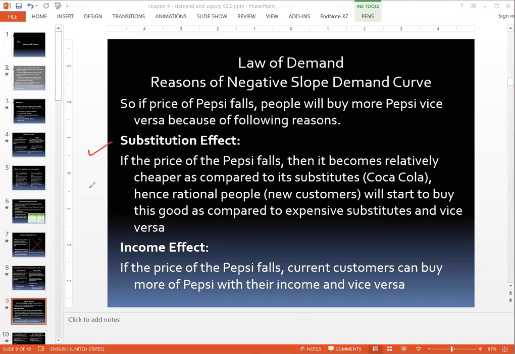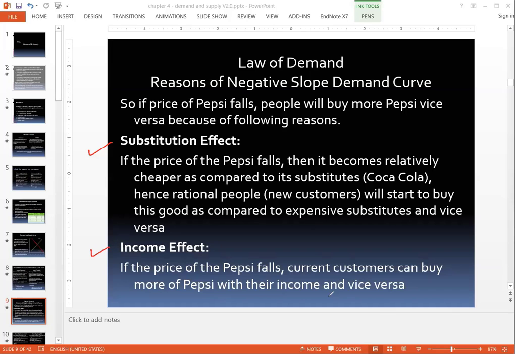If Pepsi is cheaper and there is a new customer in the market, he will compare the prices. Since the price of Pepsi is lower than the price of Coca-Cola, he will buy Pepsi. This is the substitution effect. People will leave buying Coca-Cola and buy Pepsi because Pepsi is cheaper.